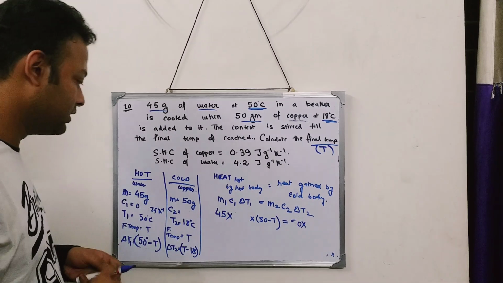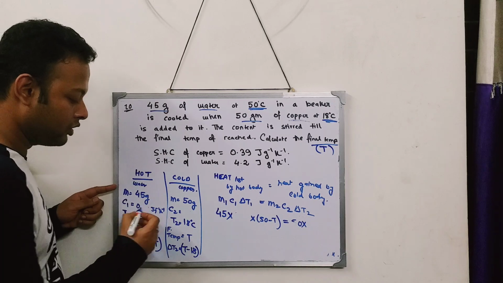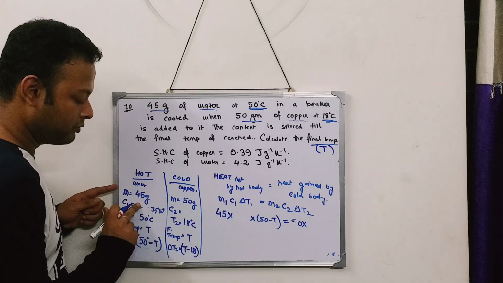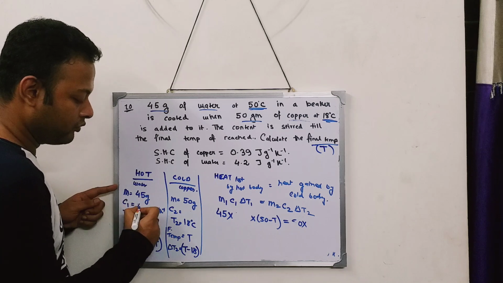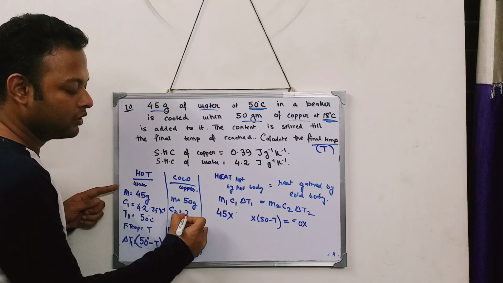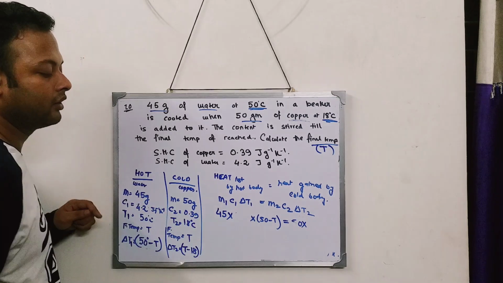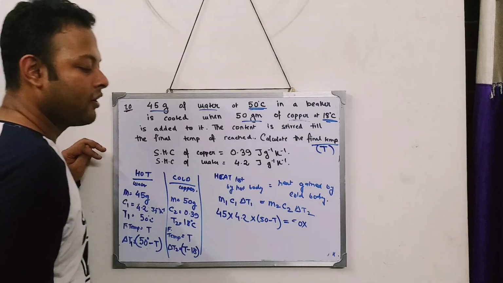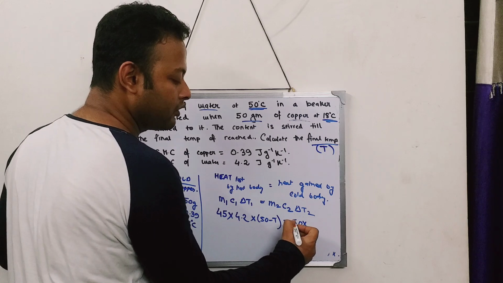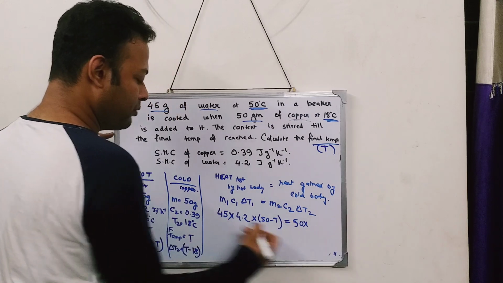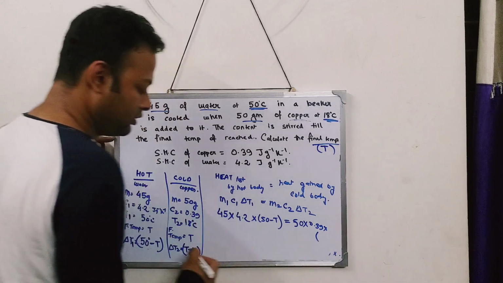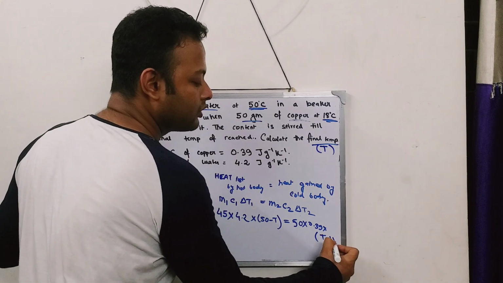The water is the hot body, so this c value will be 4.2 and the cold body copper, 50 grams, 0.39 into T minus 18.